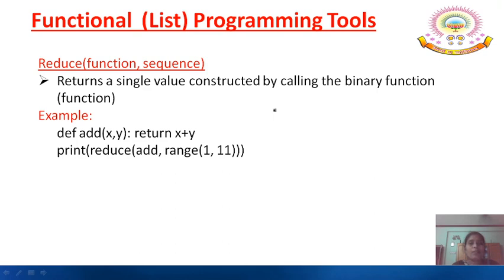First time it will return 1. Then it will be doing 1 plus 2, which is 3. So when the x value is 1, the y value is 2, and 1 plus 2 equals 3.